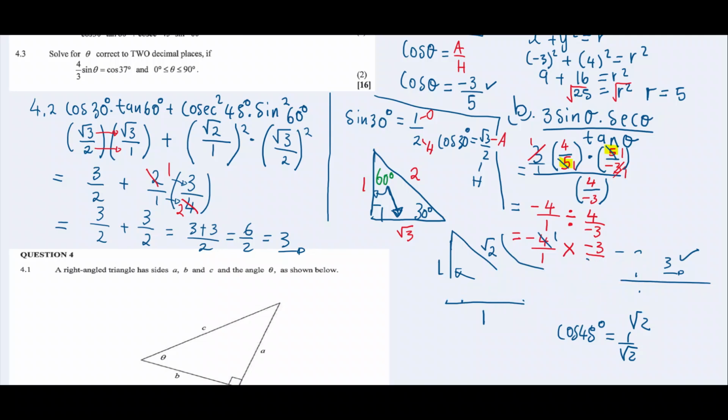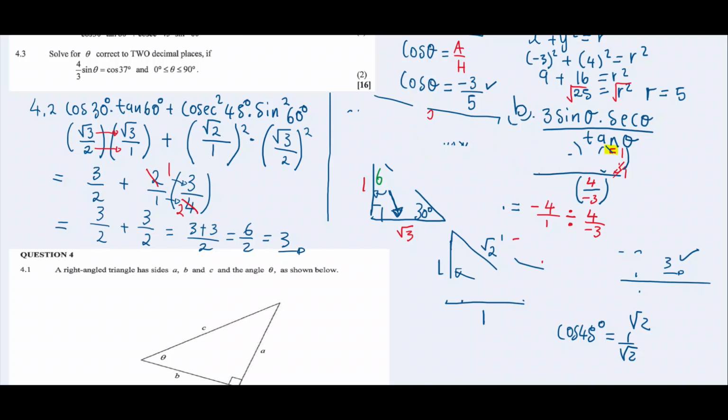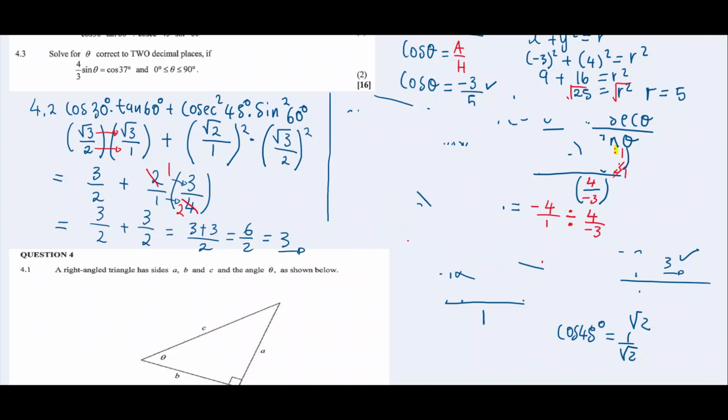So let's quickly do 4.4.3. I'll erase this part here on the right. It's a very short question, that one. We can finish it quickly so that we know that we're done with the 2 questions.